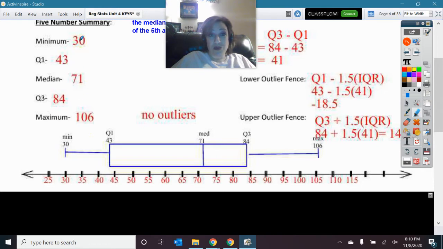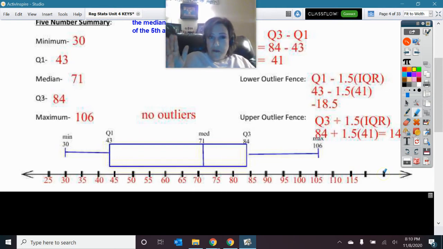That's quite a big span, 76. I was a little worried, but there are a lot of things down here. With the minimum being 30, I tried starting at 25. So 25, 30, and I just went by fives. I ended up having enough room because I could get all the way up to 115 or even 125. So I was good.